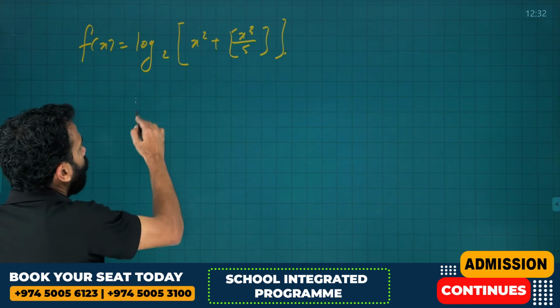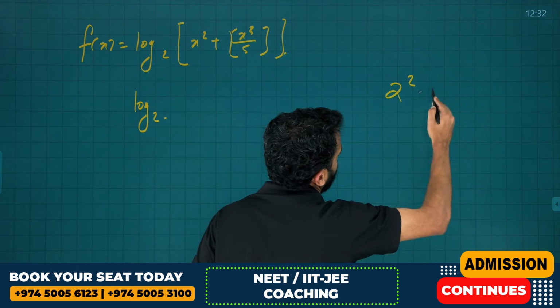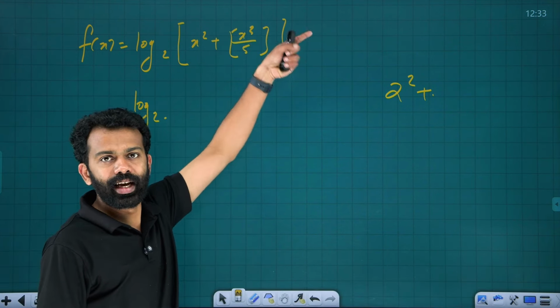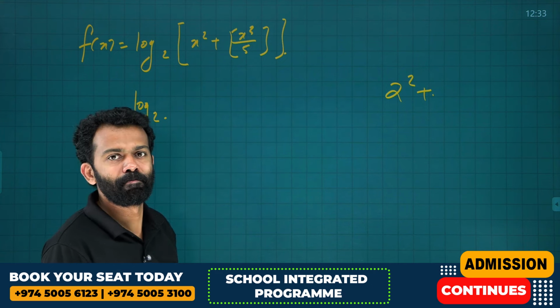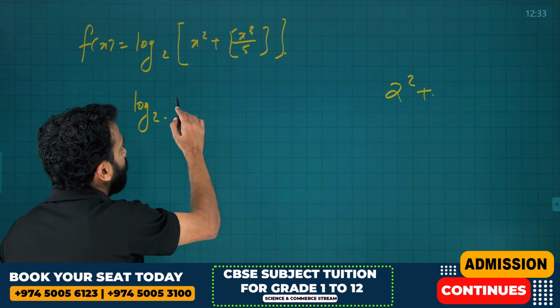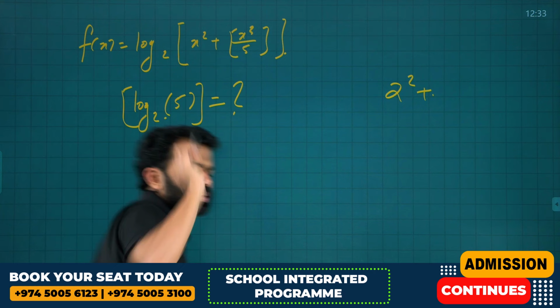That is log of 2 square plus 2 cube by 5. What is 2 cube? 8, and 8 by 5 is 1 point something. What is box of 1 point something? Box itself, that net value will be 1. So, what is the result of this?